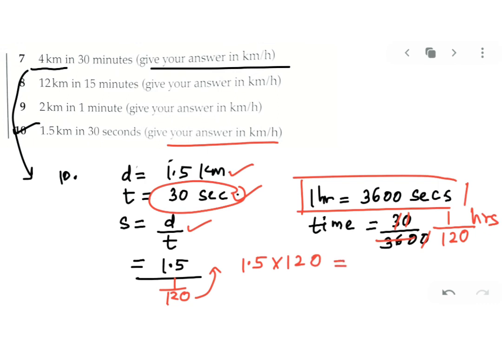And that will be 180. So what speed are you getting? 180 kilometer per hour. That means you have given your answer in kilometer per hour. So always remember, when you are converting minutes into hours, you have to divide by 60, and when you are converting seconds into hours, you have to divide by 3600.